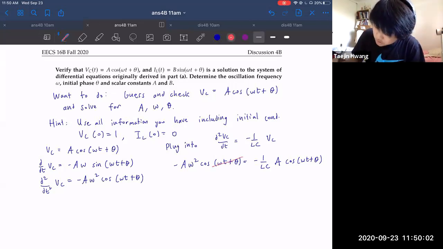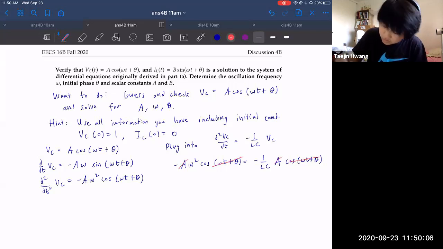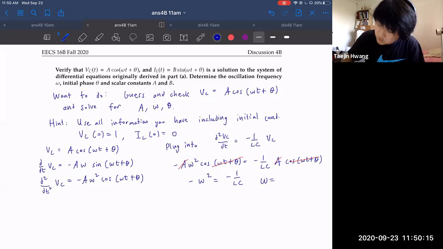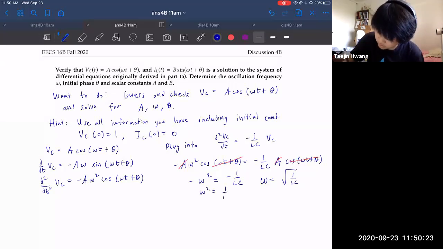We cancel the cosines and the A's, and we end up with negative omega squared is equal to negative 1 over LC. So this tells us that omega is equal to the square root of 1 over LC, since omega squared is equal to 1 over LC.